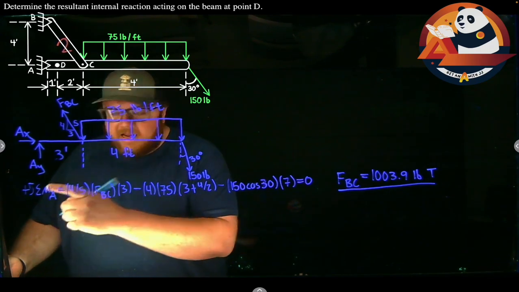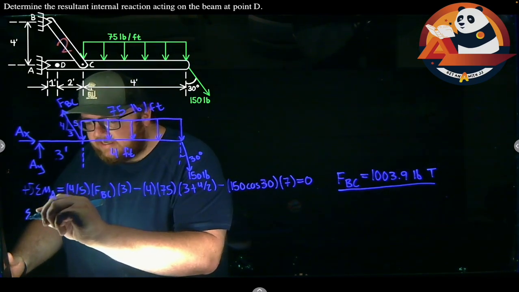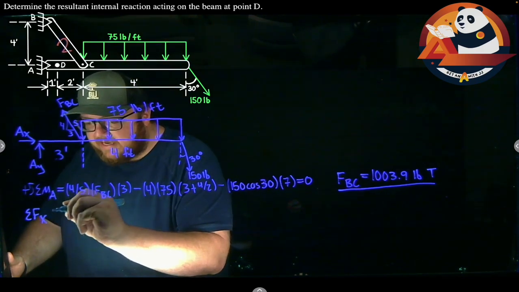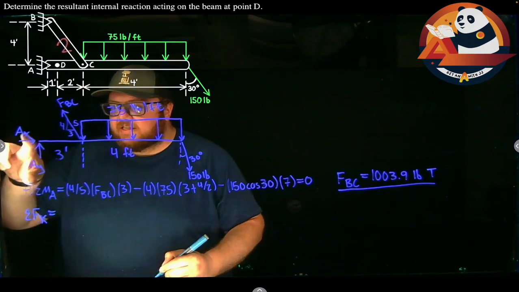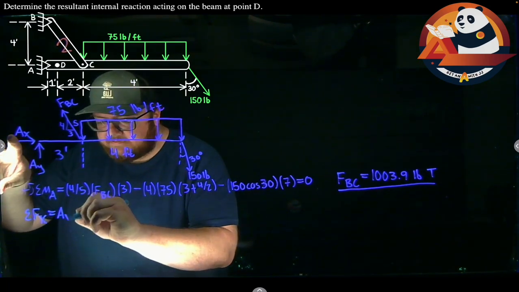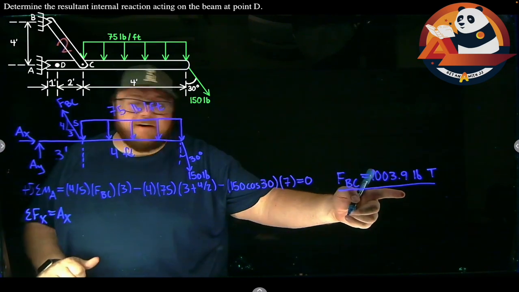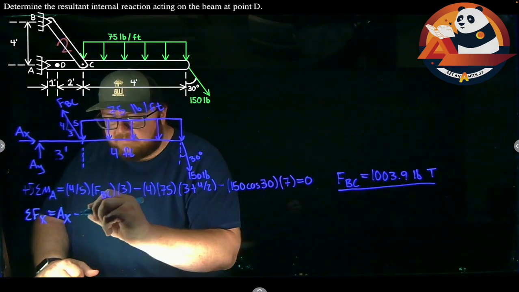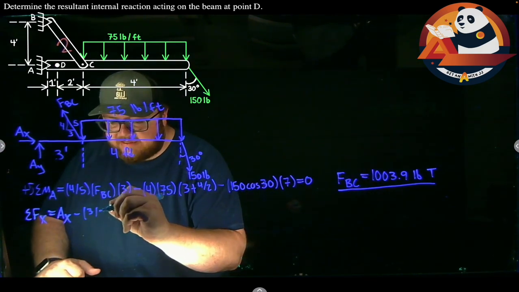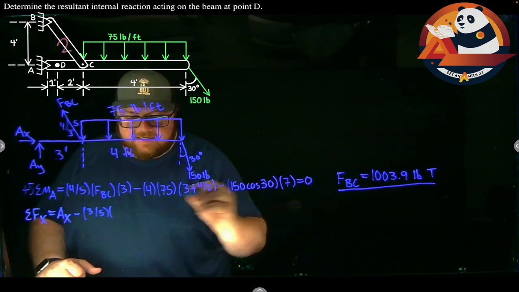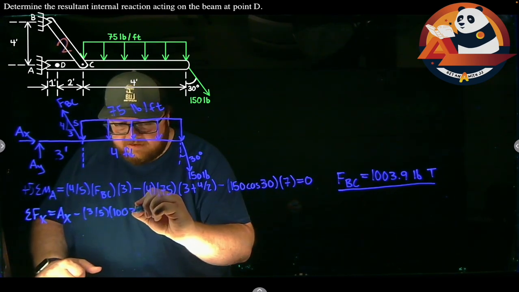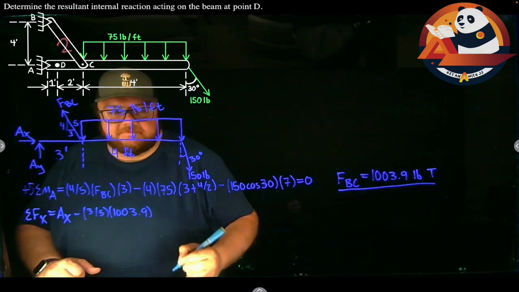From here, let's come in and sum forces in the x, sum forces in the y to get our last 2 support reactions. If I sum forces in the x, I have AX. I'll need to subtract off the x component of FBC, minus 3/5 of FBC, 1,003.9.